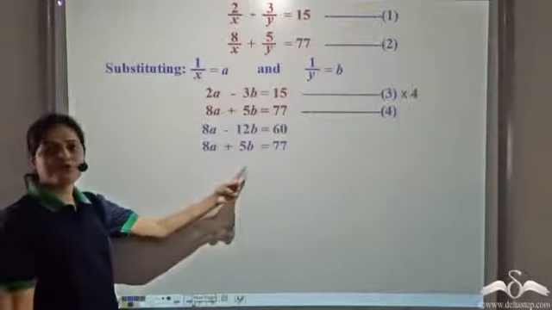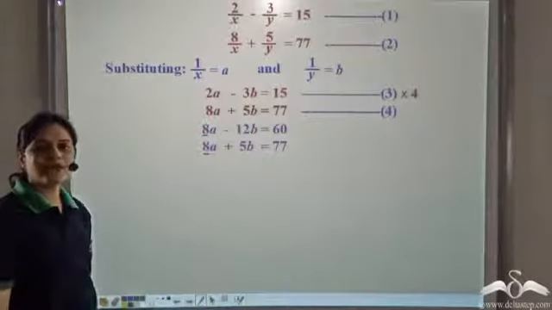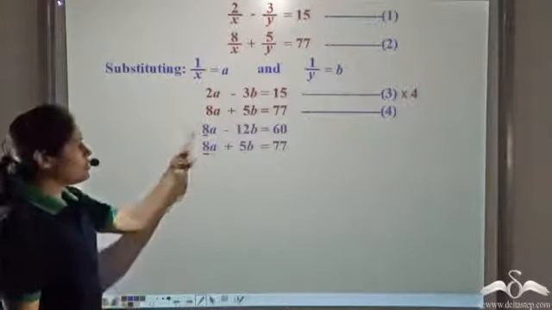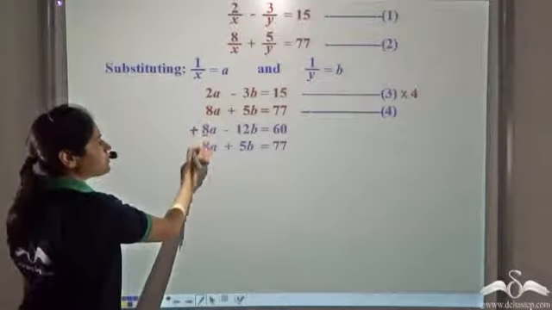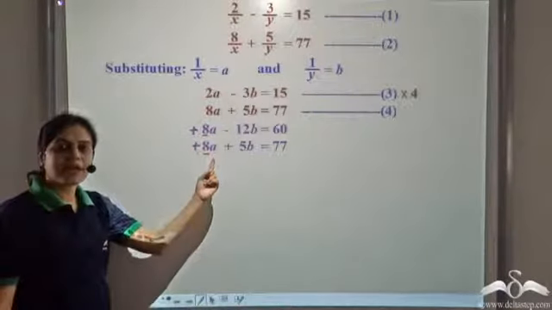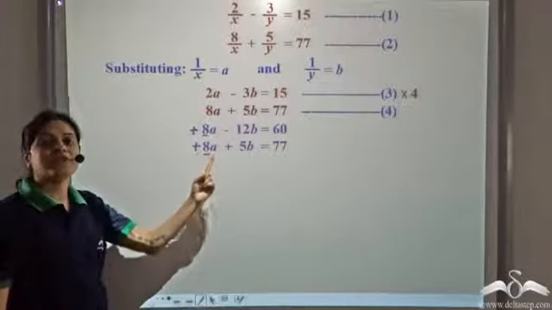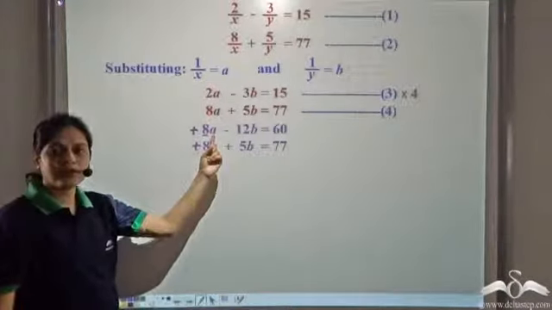This is what we have. Now the numerical part of a is the same in both the equations. Look at the signs. This is positive, this is positive. So they have the same sign. When we have the same sign, we need to subtract one equation from the other.